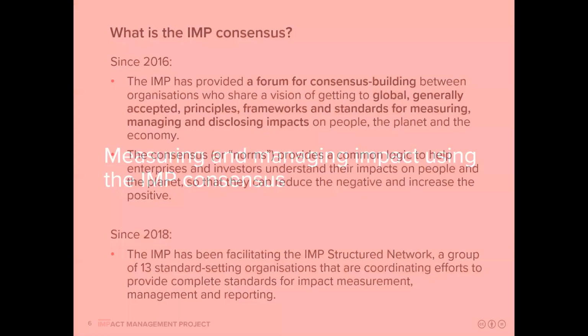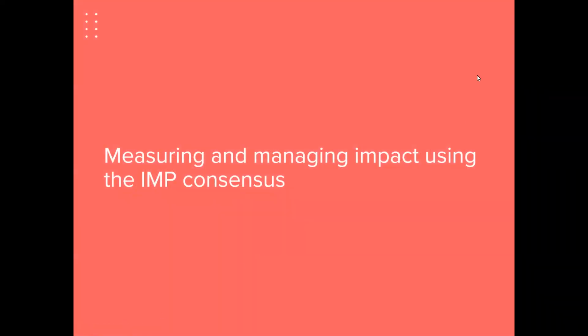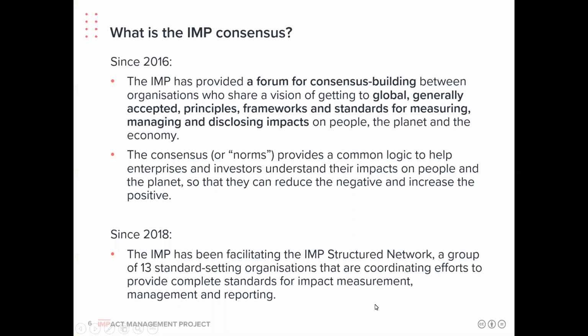Jo, thank you so much. Just to remind everyone, when Jo says IMP consensus, what we mean is that we are a forum for practitioners and disciplines of all kinds to come together and talk about what they agree on and what they don't agree on when it comes to impact measurement and management. So when we say consensus, that's our playing back to you where we hear practitioners and experts from a range of different parts of the market and disciplines agree.